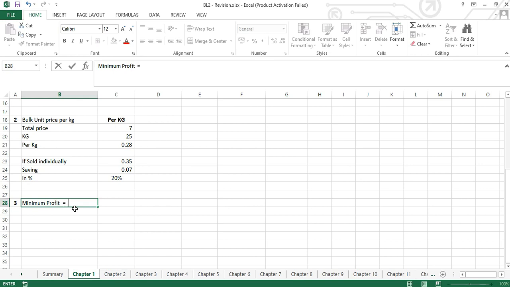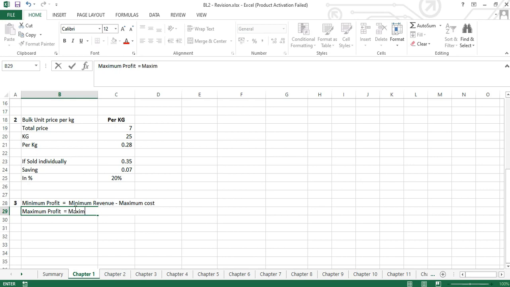So the profit will increase only when the revenue increases. So since we need the minimum profit, we select the minimum revenue minus the maximum cost. Okay. And to get the maximum profit, we know that it is revenue that mainly decides if the profit increases or not.